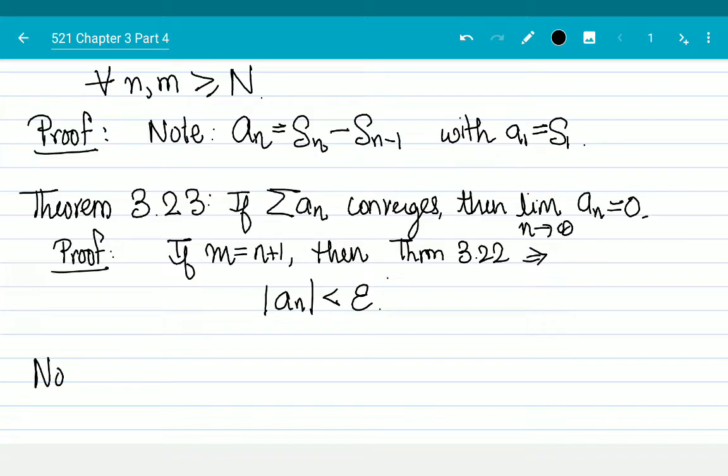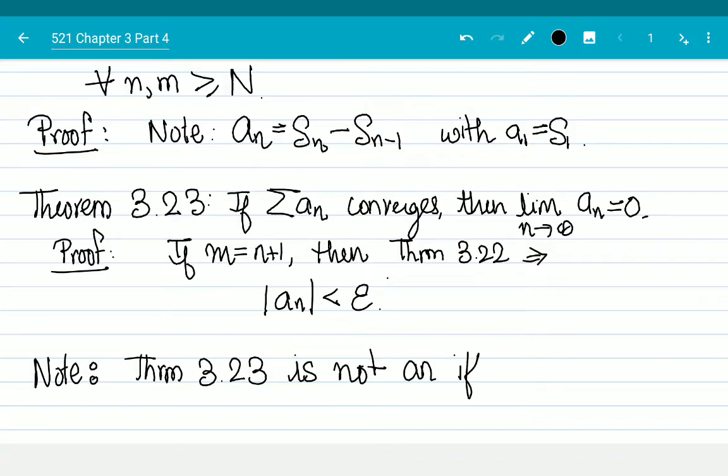Note this theorem 3.23 is not an if and only if.